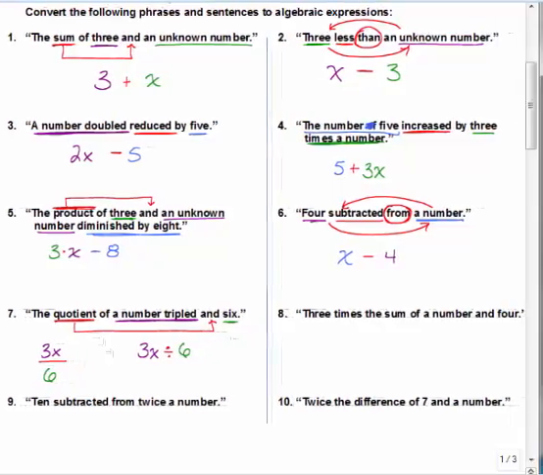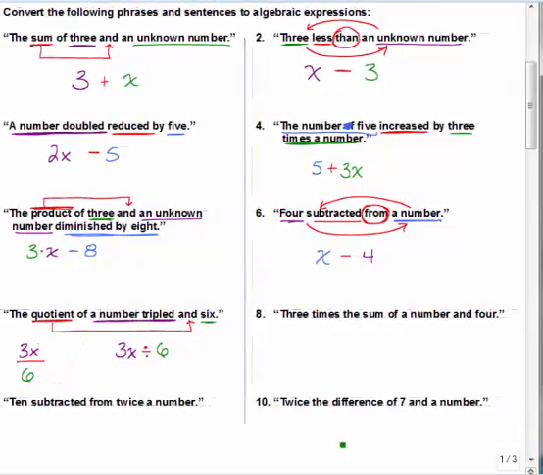All right, this is the first time we've come across one that's a little trickier. It says 3 times the sum of a number and 4. Anytime you use your setup words, like sum is a setup word we came across earlier, it also usually implies that there are parentheses around the sum part. So I can actually do parentheses around what I'm going to take the sum of. So I'm going to take the sum of a number and 4.